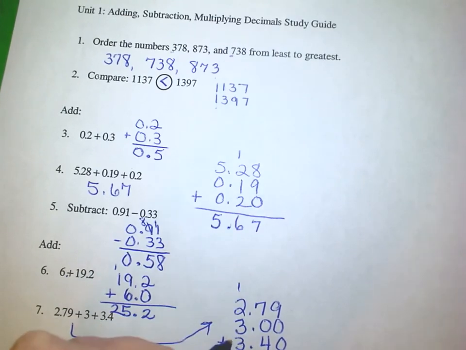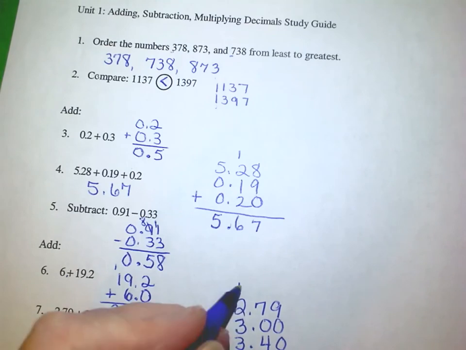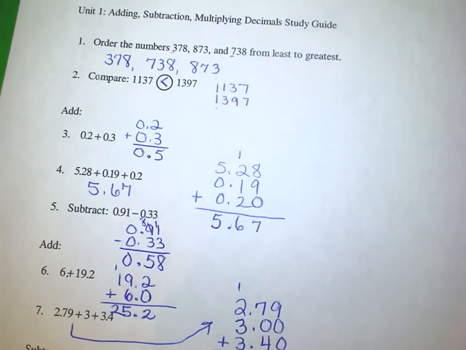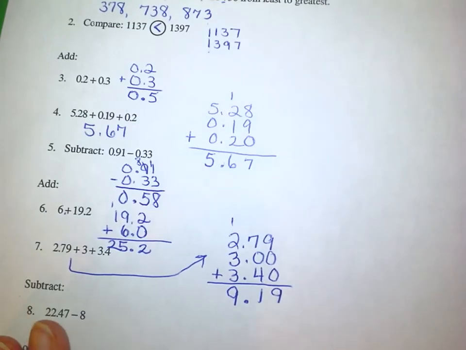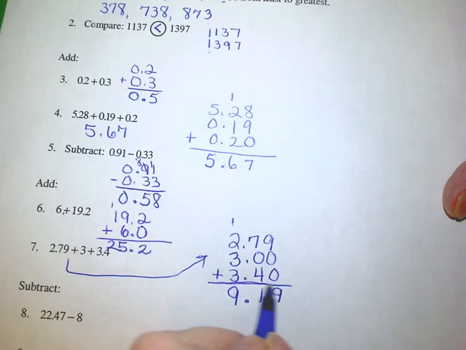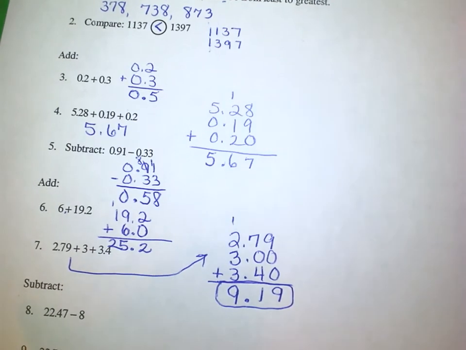Carry my 1. 3, 6, 7, 8, 9. And don't forget to bring your decimal down. So 9 and 19 hundredths is the answer to number 7.